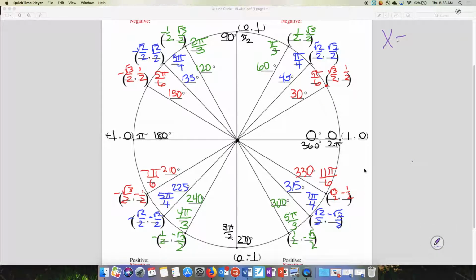Any x coordinate is going to represent the cosine of that angle, and any y coordinate is going to represent the sine of that angle. Do you notice how those are in alphabetical order? X, y, cosine, sine.